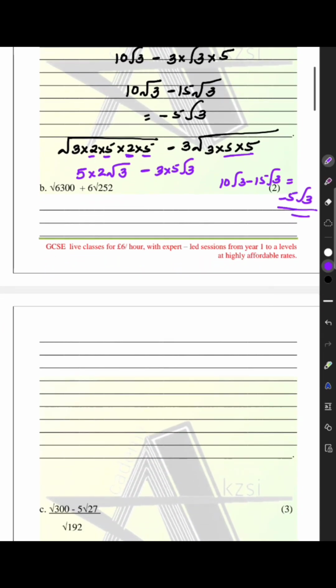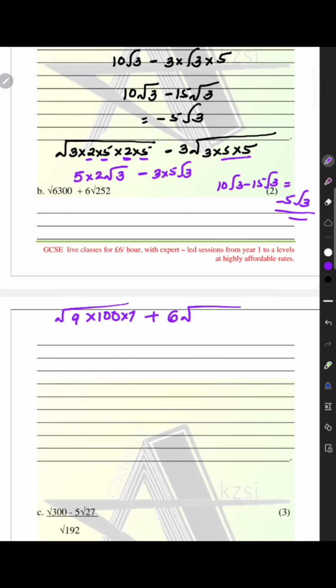Now moving on to the next one, root 63 times 100. I can split it into root 63 times root 100. One more time I can split 63 into 9 times 7, and we know that 9 is a perfect square.